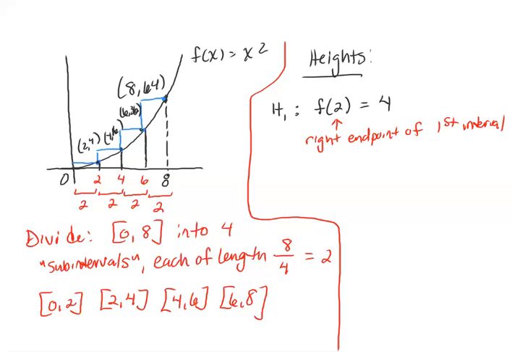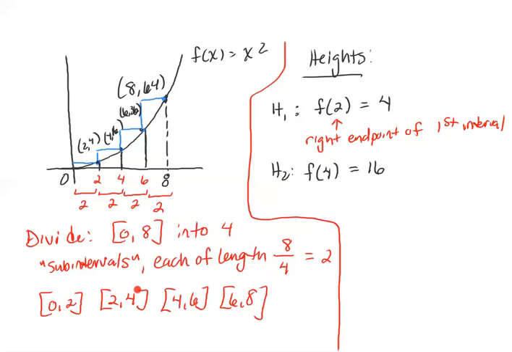The height of the second rectangle, which is this rectangle here, we said is 16. And we can get that by taking the function value at that x value 4, which is equal to 4 squared, which is 16. That happens to be the right endpoint of the second interval here.